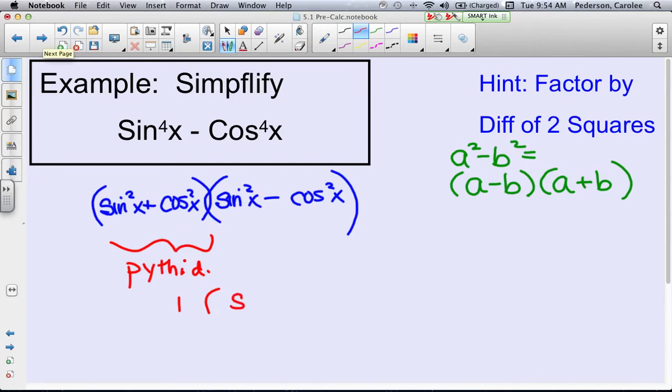And then we have, is that a Pythagorean identity? So then we just have sine squared of x minus cosine squared of x.